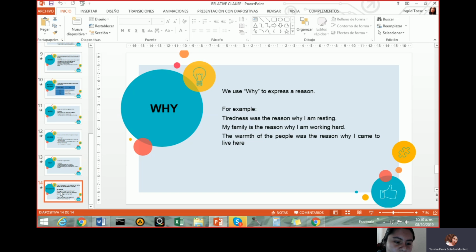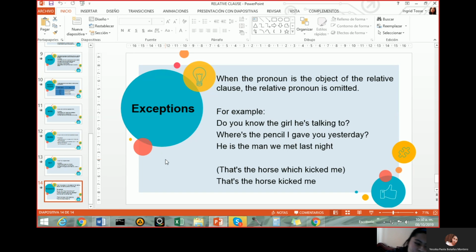Now we can find some exceptions when we can omit the relative pronoun. In this case, we are going to express it with examples. As we can see in the examples: do you know the girl he's talking to?